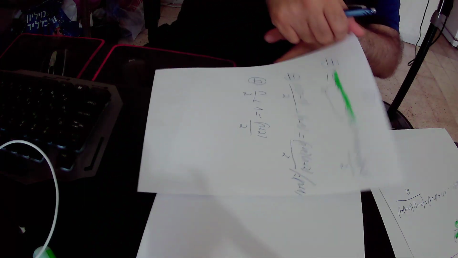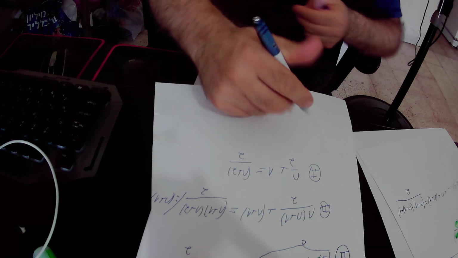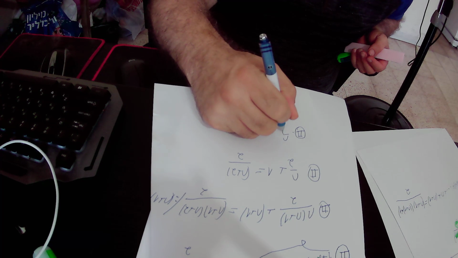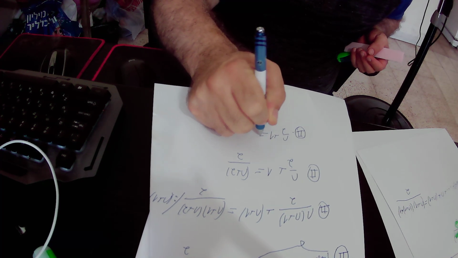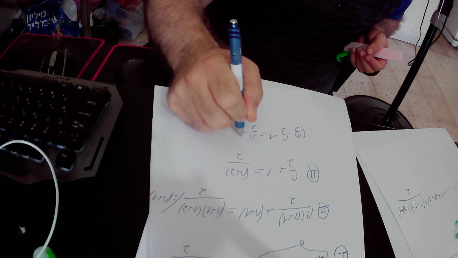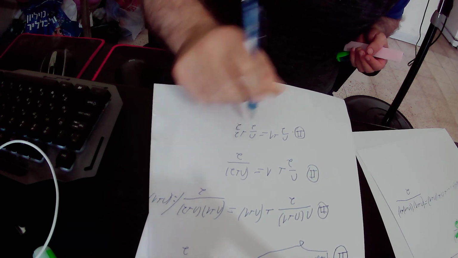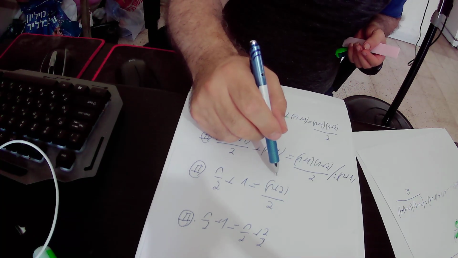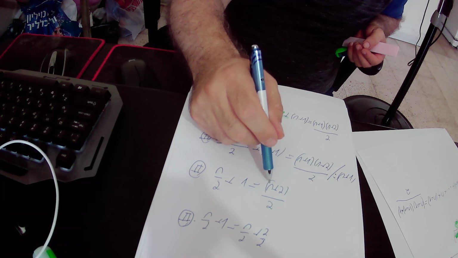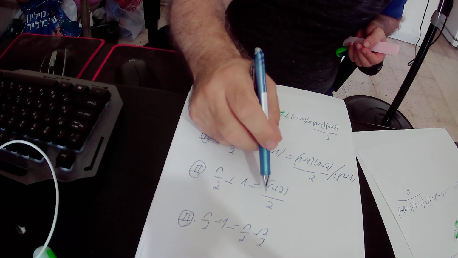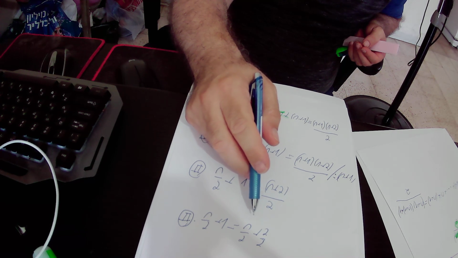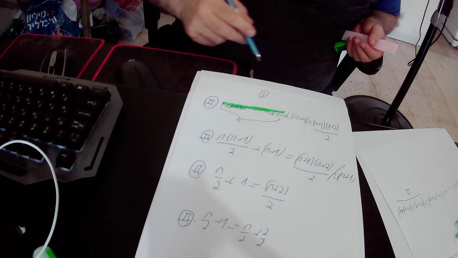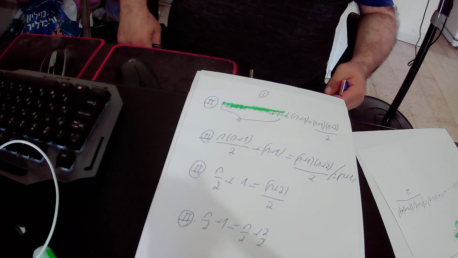Okay, so we separated this expression into two parts, and we got that n plus 2 divided by 2 equals n divided by 2 plus 2 divided by 2, according to the mathematical rules.